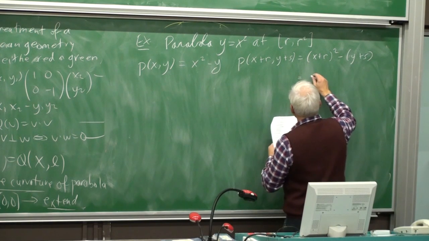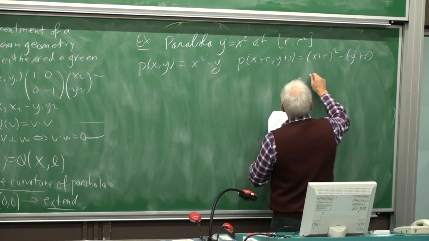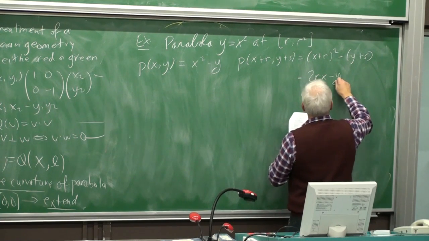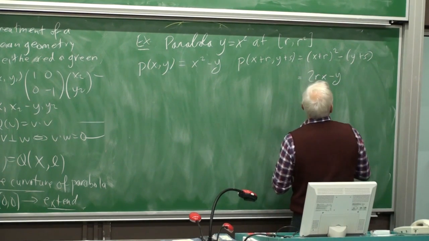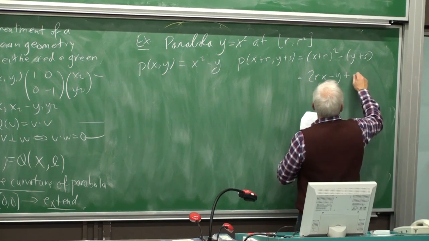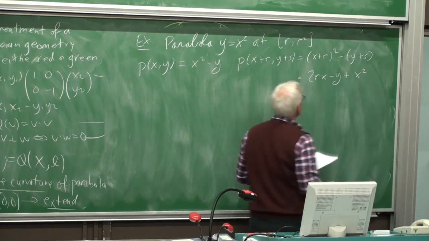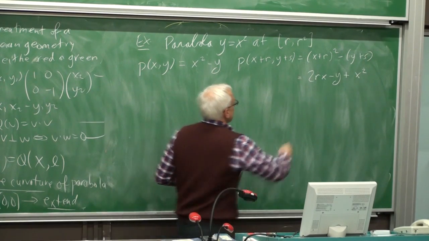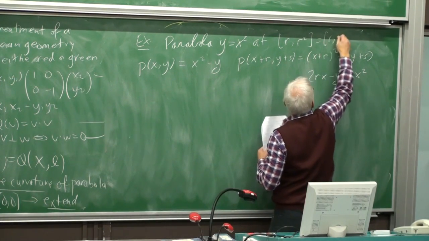That will be linear terms 2rx minus y plus x squared. This is (r, s), a point on the parabola.